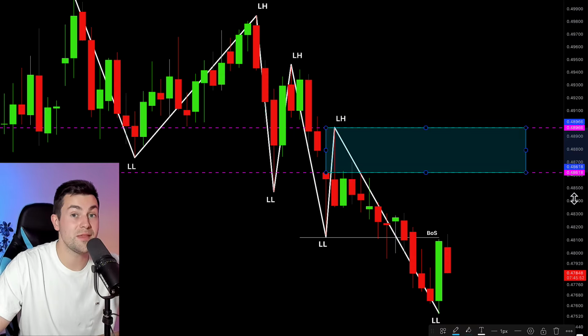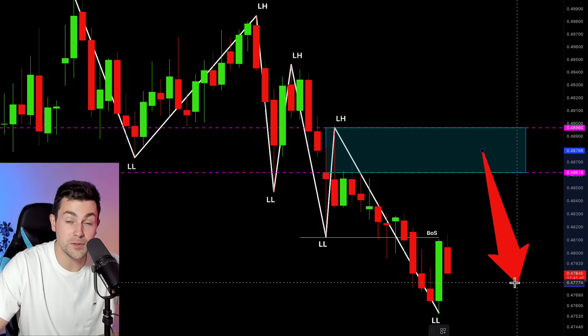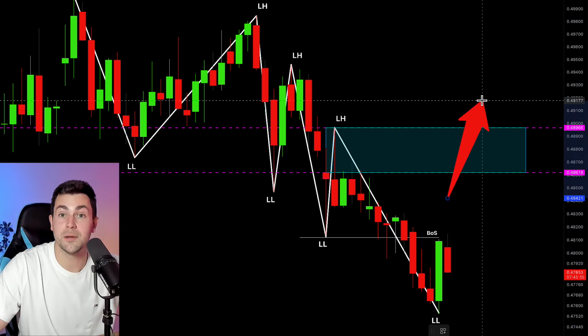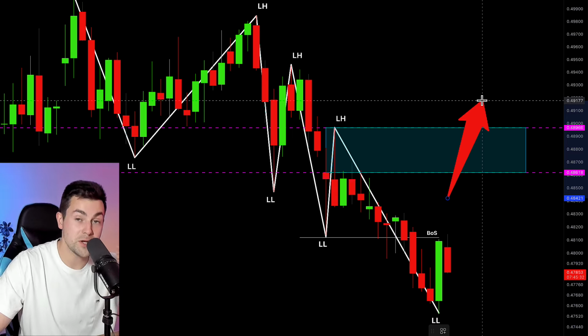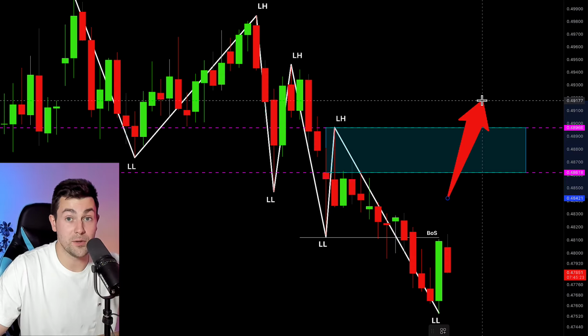We will assume that the sellers will accumulate their selling orders within that zone, and once it is tested, a strong bearish movement is going to initiate from it. Alternatively, its bullish violation and breakout will signify a change of market sentiment and the start of a new bullish trend. That is why that zone is so significant.